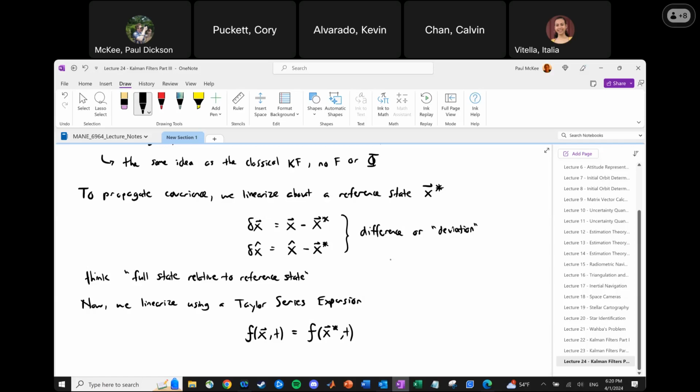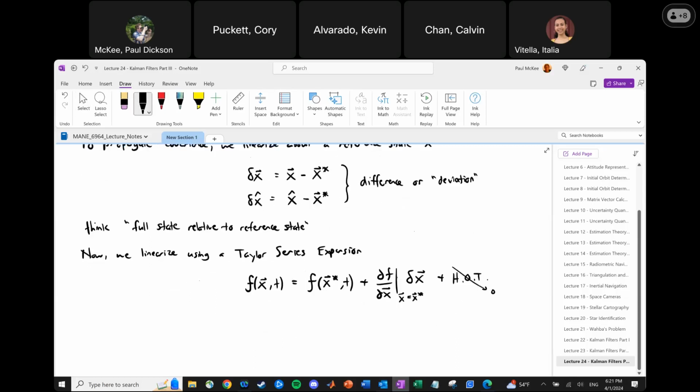This is the function evaluated at a value that we know, plus the derivative of f with respect to the state, evaluated at the state being this reference trajectory, multiplied by this deviation, plus what I'm going to call higher order terms, which we're just going to ignore in our case.